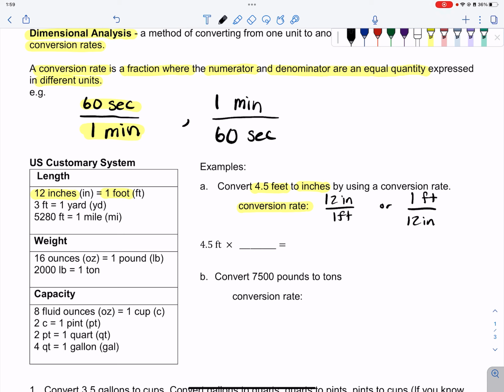So now, if I have 4.5 feet that I'm starting with, and I want to multiply it by one of my conversion rates, in order to get the feet to cancel out, I need to choose the conversion rate that has the feet on the denominator of the fraction. So that's going to be my first one here, the 12 inches over 1 foot.